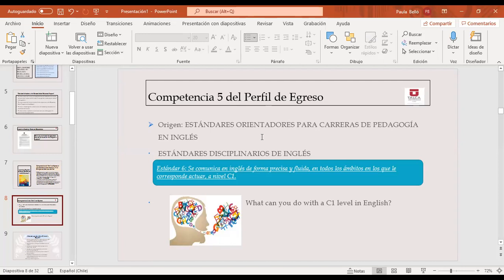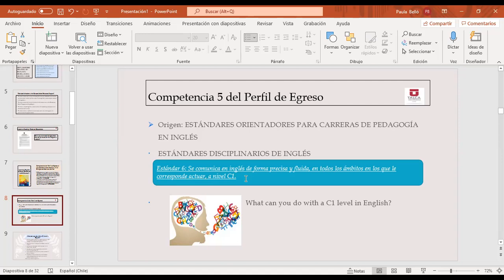But the origin of why we have this demand at university comes from the Estándares Orientadores para Carreras de Pedagogía en Inglés. And the disciplinary standard, standard 6, expresses clearly that the profesores comunican en inglés en forma precisa y fluida en todos los ámbitos en los que les corresponde actuar a nivel C1.